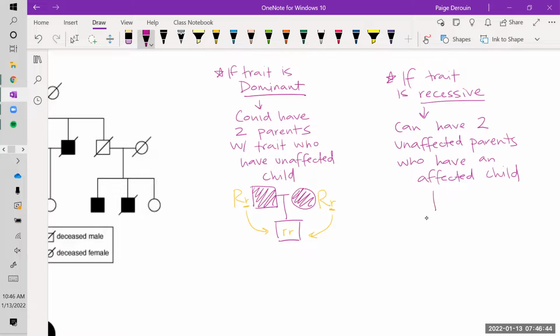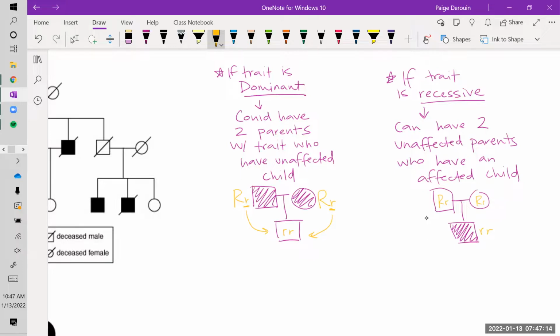And that's going to look like square, married to circle, child, colored in. Now that we know the trait is recessive, our child is 2 little r's, which means both parents had to be what? Same as the other side. And in this case, there's a word that we would call these parents. You know what it is?